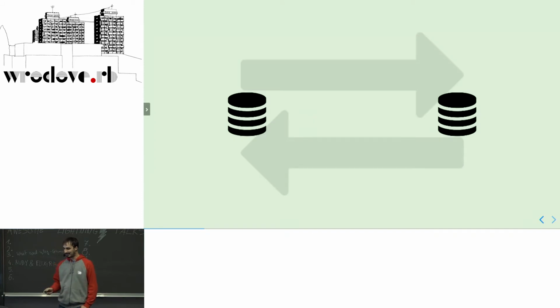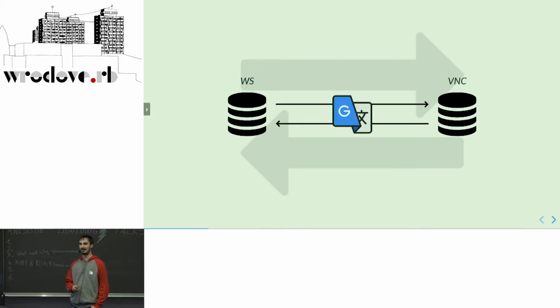Inside the proxy, we have two endpoints, or more, but in a simplified version, just two: one for the WebSocket part and one for the VNC part. You need to transmit data in one direction and in the other direction and somehow translate between the two endpoints. I think it's pretty clear for now.